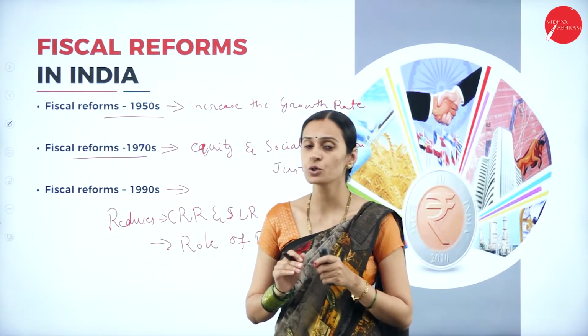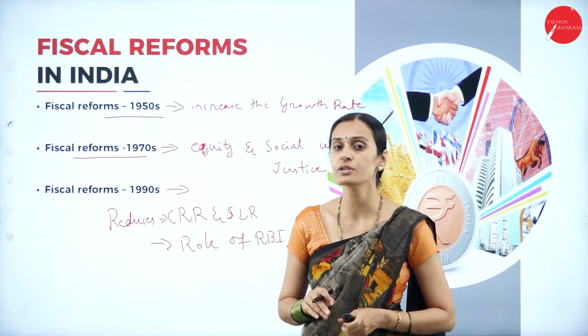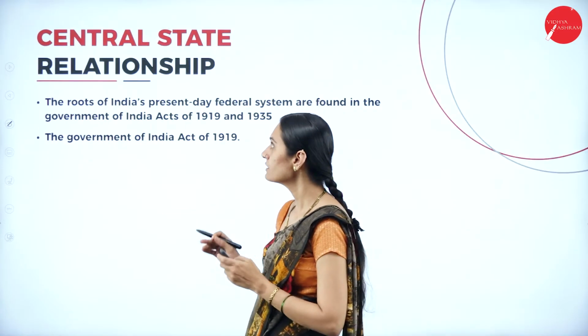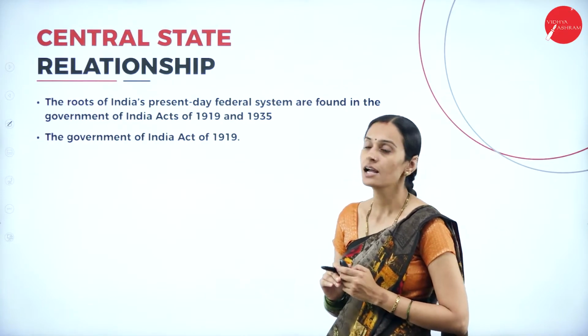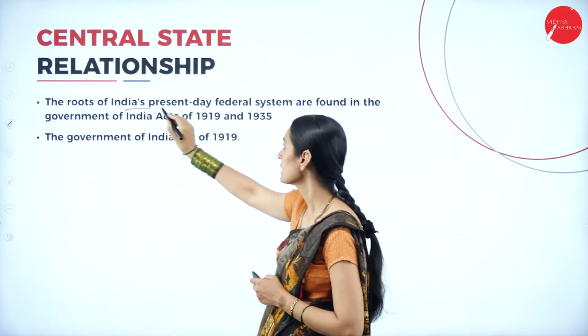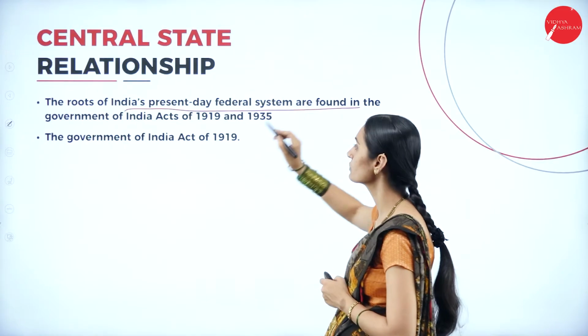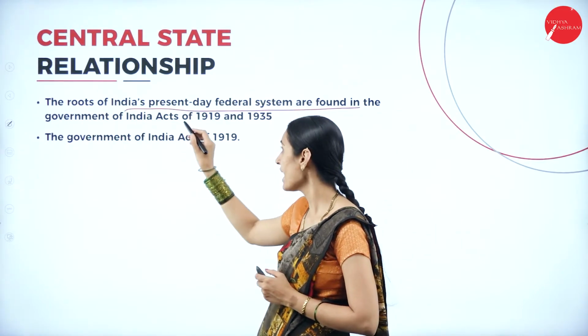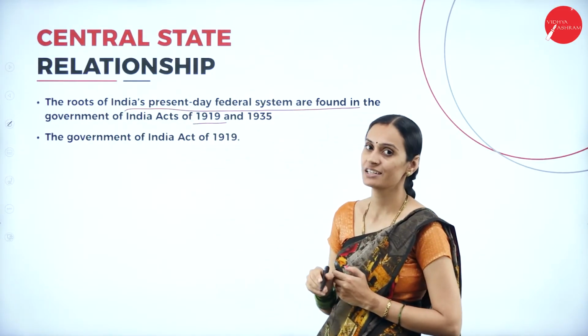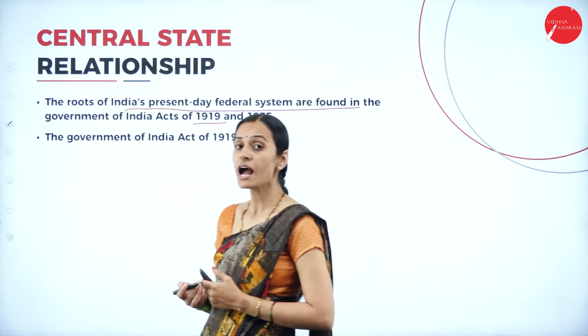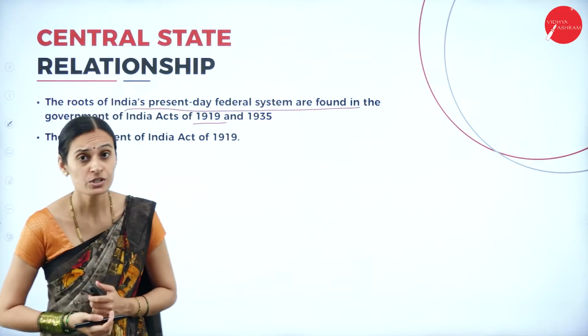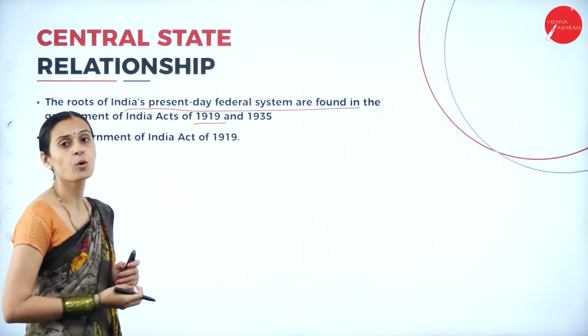And another topic which belongs to this chapter is the central and state relationship of our country. Yes, the roots of India's present-day federal system are found in the Government of India Acts of 1919 and 1935. The Government of India Act 1919 focused on a few important points.